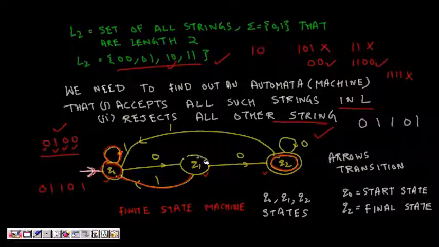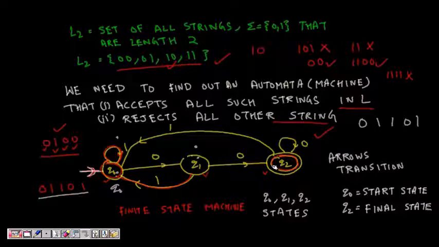At Q1 I see a 1, I will go to Q0. Again I see a 1, so I will remain at Q0. I see a 0, I go to Q1. I see a 1, from here I again return to Q0. So I have scanned the whole string, and I'm at Q0 finally. So this is not an accepting state.